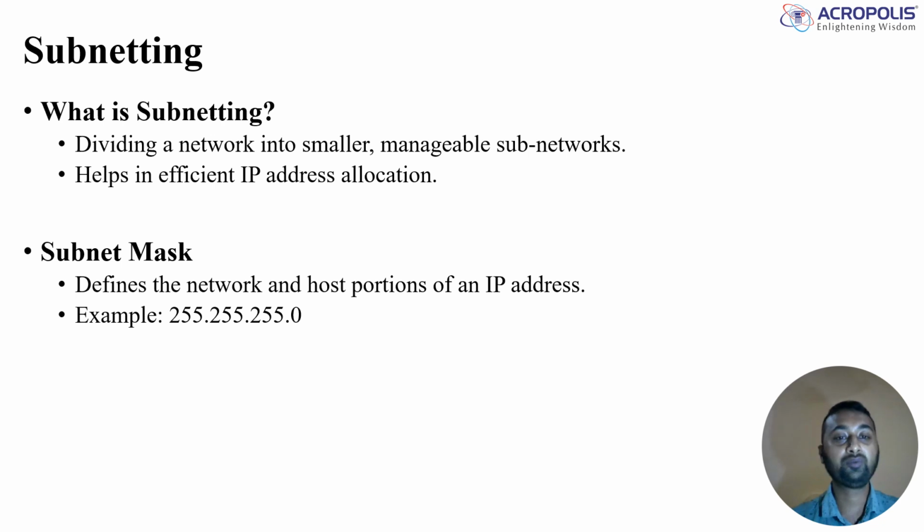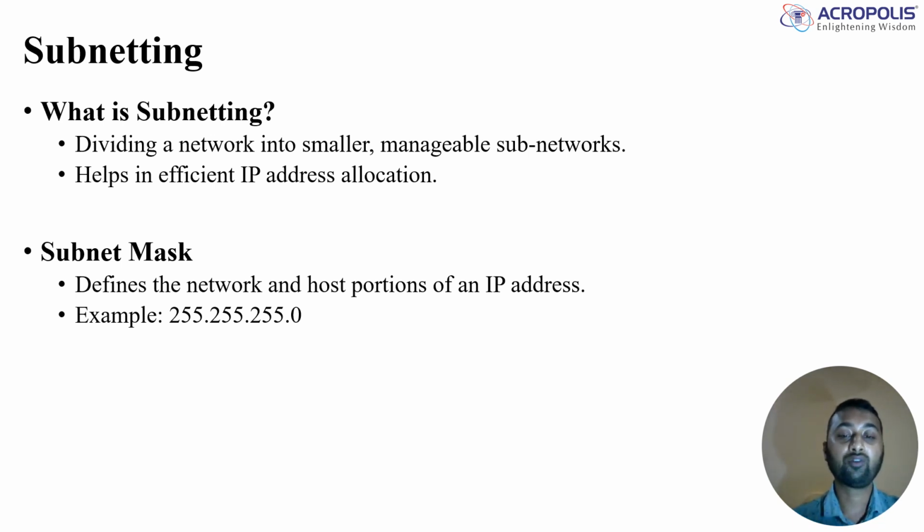Subnet mask definition: a subnet mask is a 32-bit number that divides the IP address into network and host portions. Format: 255.255.255.0, which means the first three octets represent the network and the 0 represents the host. Function: determining which part of an IP address is designated for the network and which part is for the host.